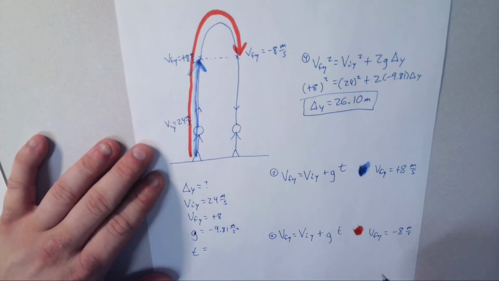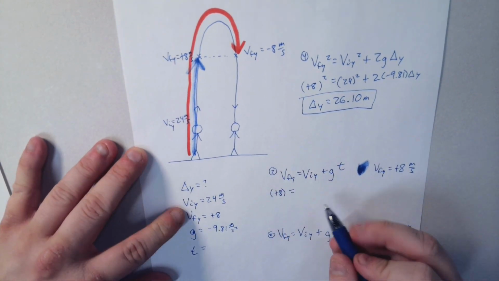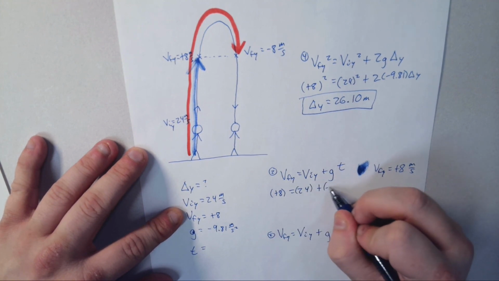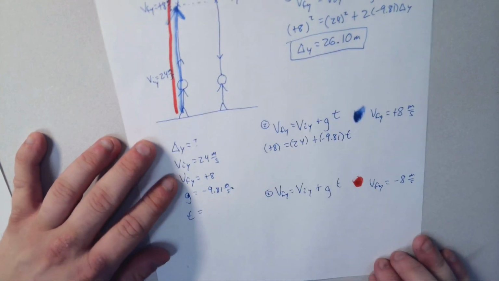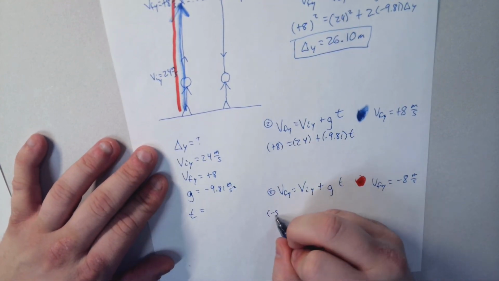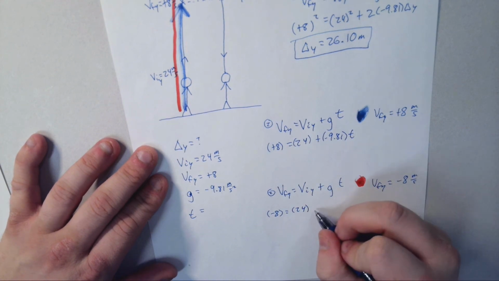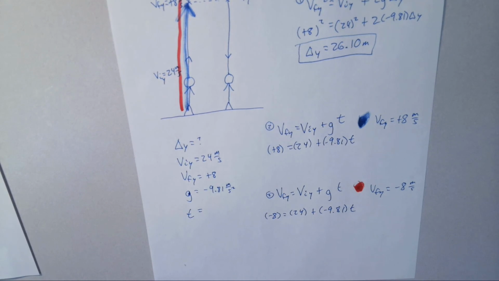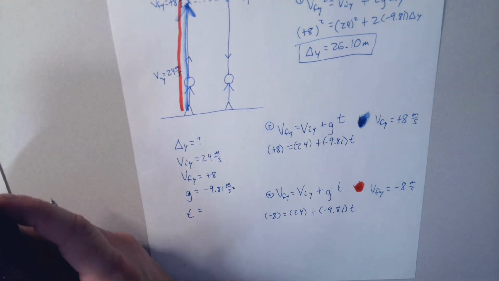So here we have +8 equals initial velocity of 24 plus -9.81 times t. And down here we would have -8 equals 24 plus -9.81 times t.